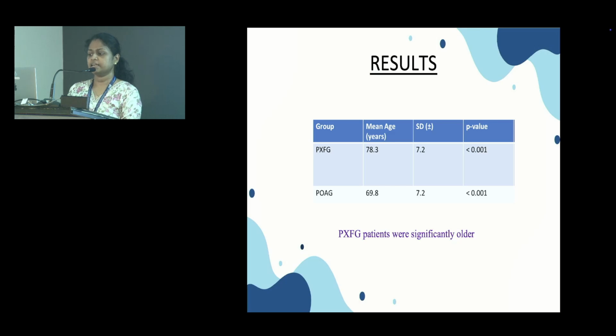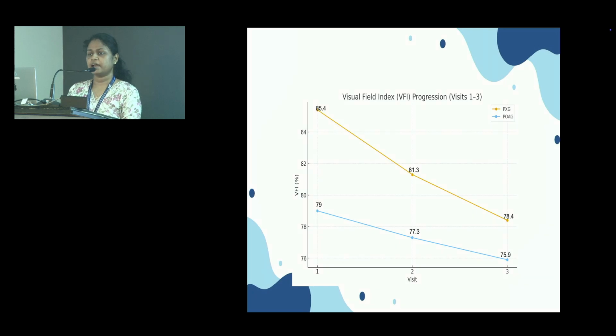By our study, we concluded that pseudoexfoliation patients were significantly older with a mean age of 78.3, and in primary open angle glaucoma, mean age was 69.8, with a significant p-value of less than 0.001. This is the graph showing visual field index progression analysis.